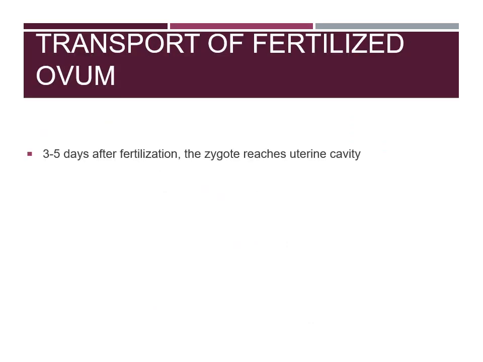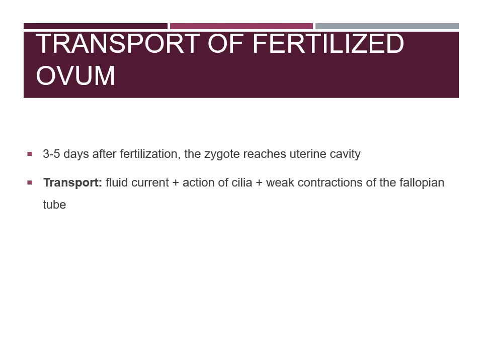After 3 to 5 days from fertilization, the zygote will reach the uterine cavity. The transport of the fertilized ovum or the zygote will be aided by fluid current, as well as the action of the cilia in the fallopian tube, with weak contractions of the fallopian tube by the semen and prostaglandins in the semen, as well as the action of estrogen.